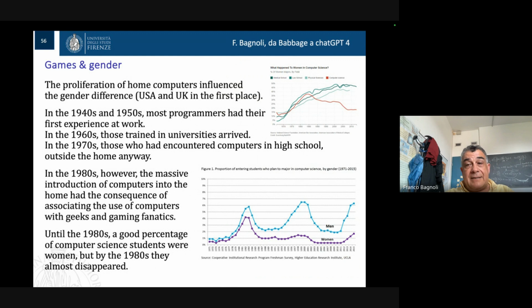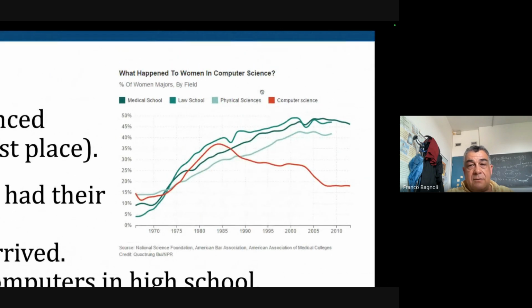Another interesting point is that this is the time in which gender starts to differentiate in choosing a computer career, because in the 40s and the 50s, most programmers had their first experience at work, then in school, and essentially women made the same choices between law, medicine, physical science or computer science.